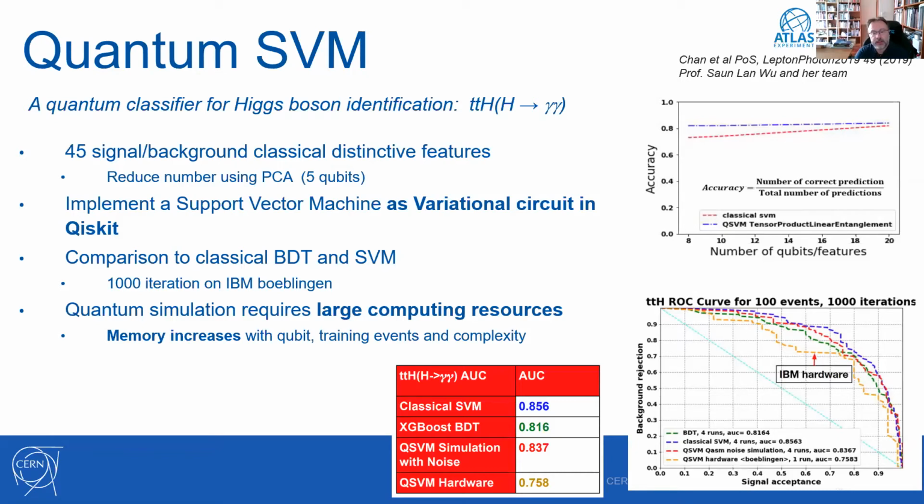They are comparable, at least, with classical methods, classic SVM or boosted decision tree approaches for the same type of problem. But again, it has been seen that they converge more rapidly, and they require less data than the classical counterpart. So all interesting things that are worth exploring more in the future.